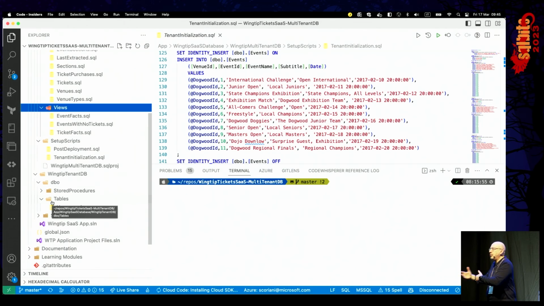So it's a way to simplify the application development in talking to a multi-tenant database design like this.